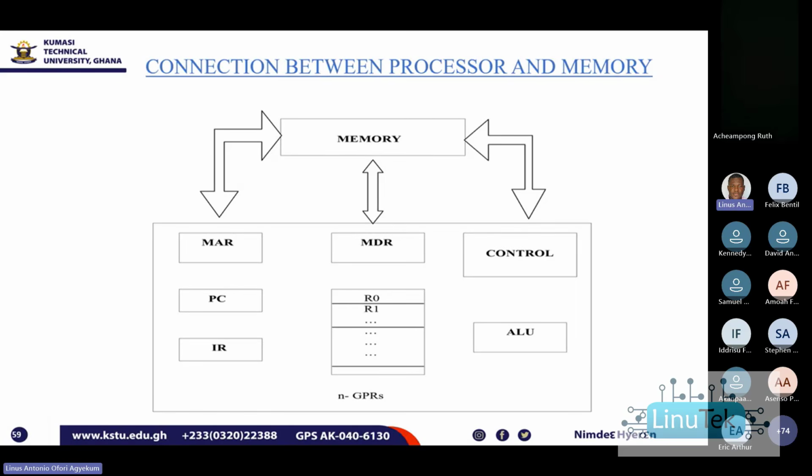When you look at the diagram, you will see that all the arrows that point into the processor and also into the memory are bidirectional. There are two directions. What this means is that there is a bidirectional communication between the memory and the processor.